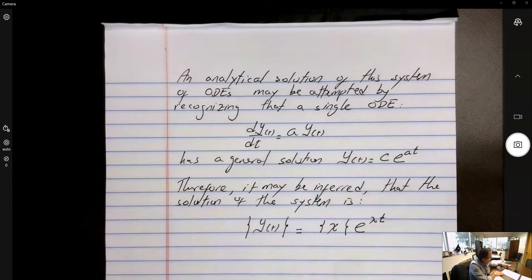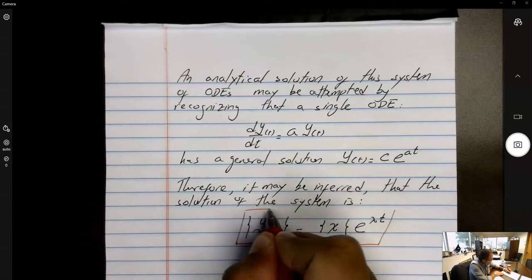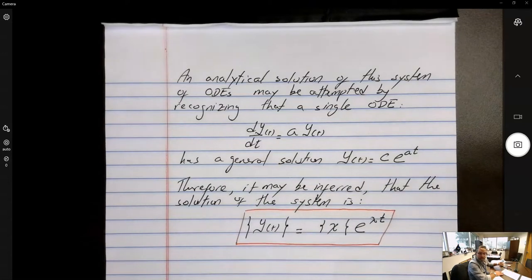So we're going to write that and square it to denote that this is our premise. That's where we start.